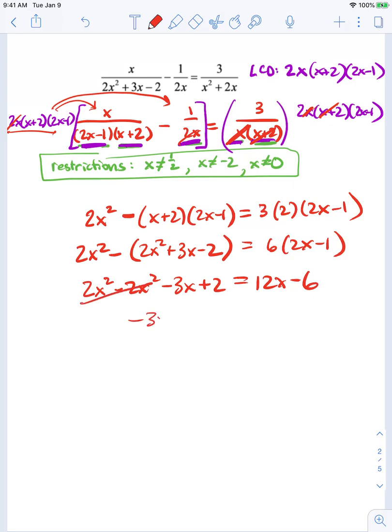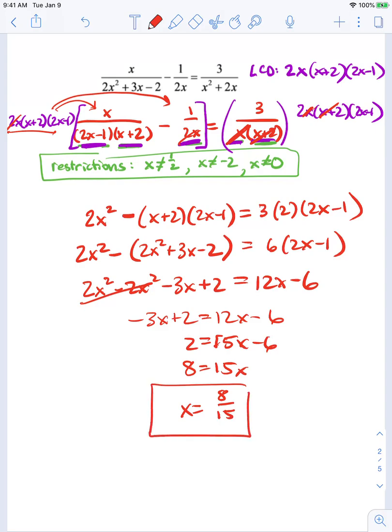Simplify and solve. So I add the 3x and then add the 6, and I get x equals 8 over 15. I can include this in my solution set since it is not one of my restrictions.